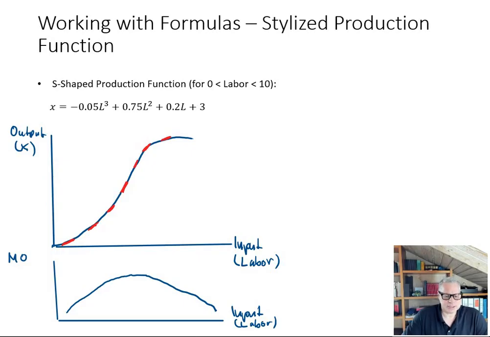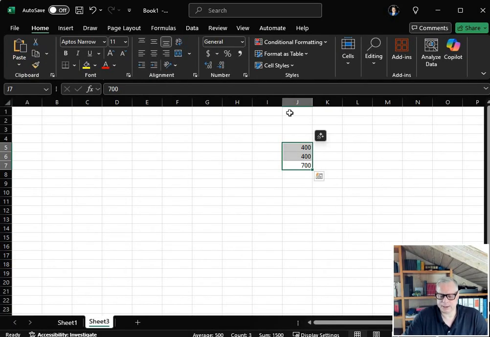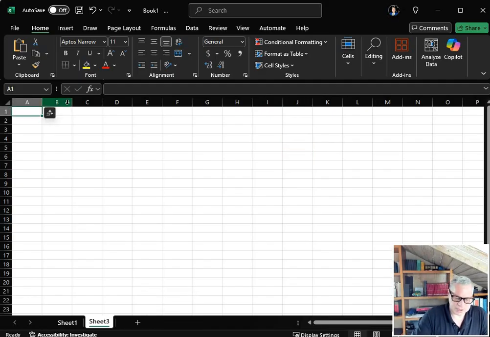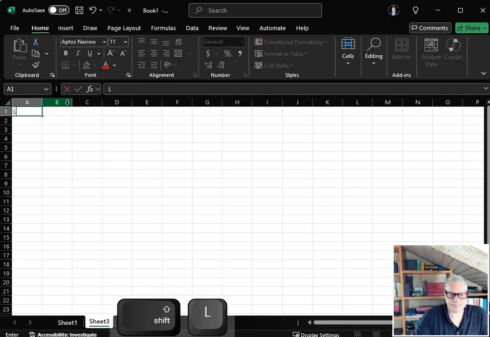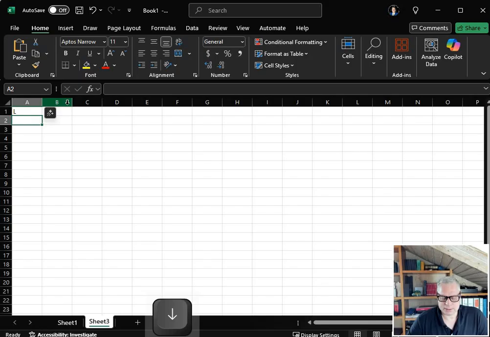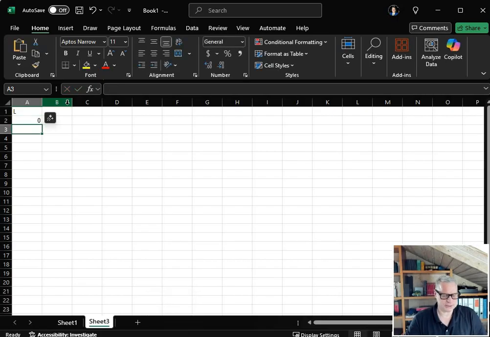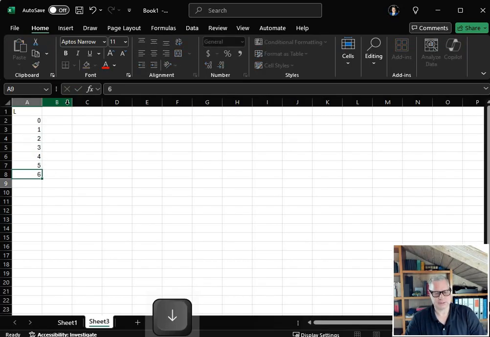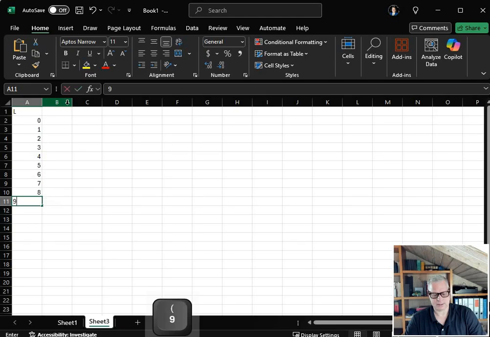But now let's see what it looks like if we do that in Excel. So now our input, what will be displayed on the x-axis, that is L. And this time, let's keep it simpler because we have workers, so we can split them easily. So let's do it 0, 1, 2, 3, 4, 5, 6, 7, 8, 9, 10.